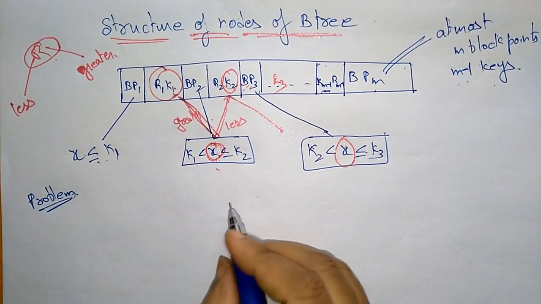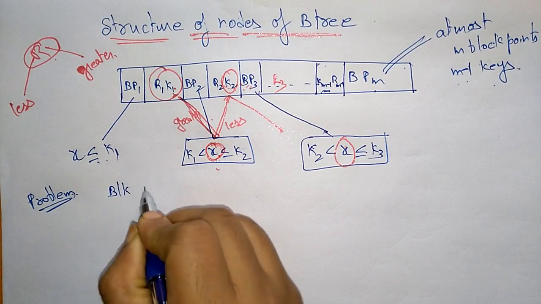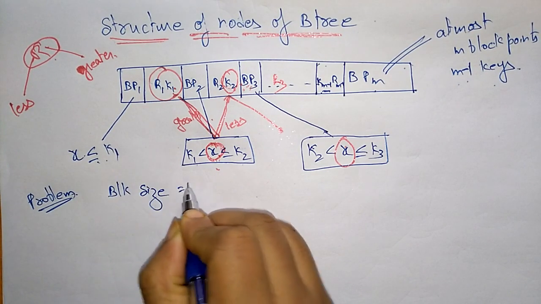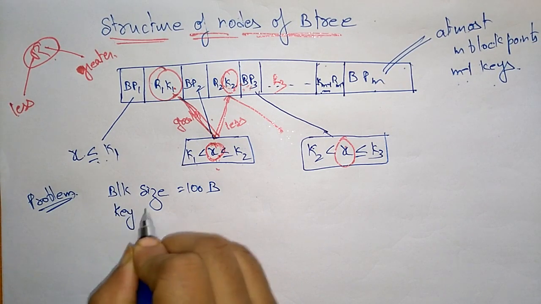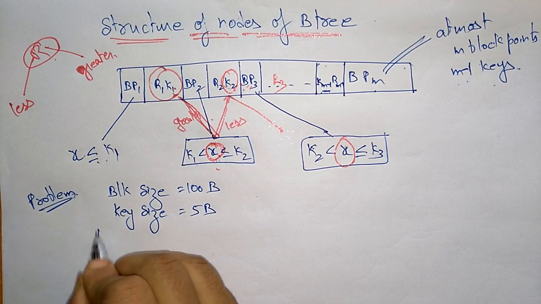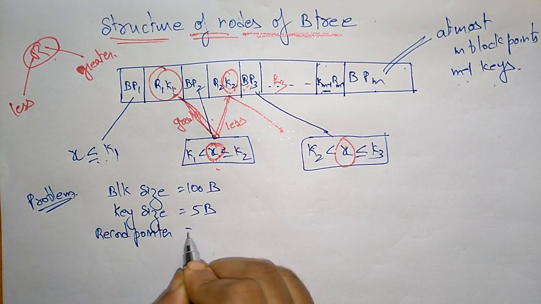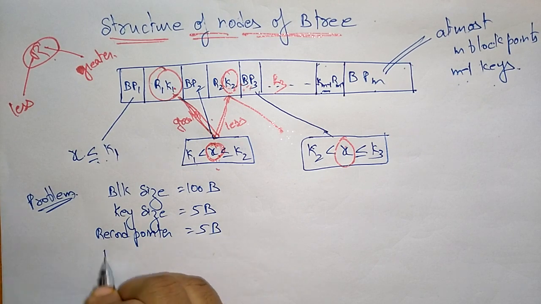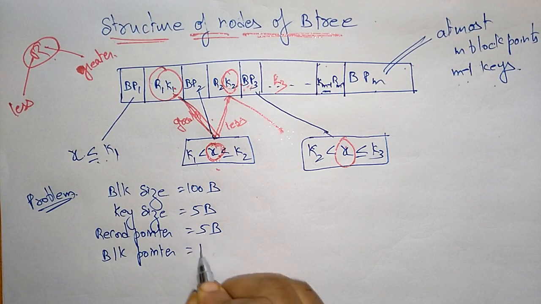So here I'm giving some values. Suppose the block size is 100 bytes, the key size is 5 bytes, the record pointer is 5 bytes, and the block pointer is 10 bytes.